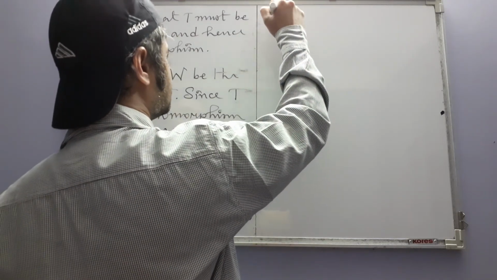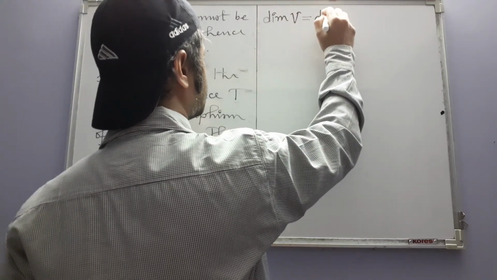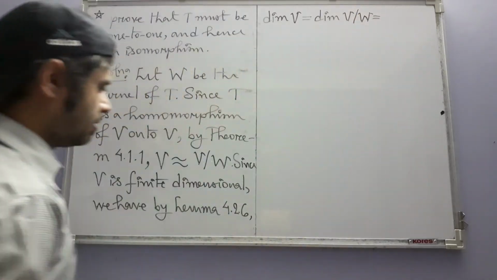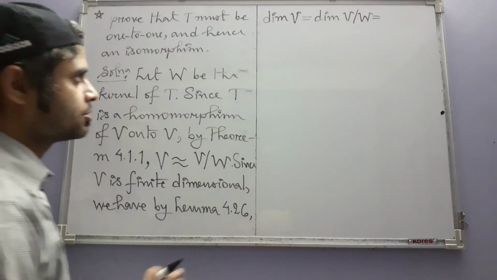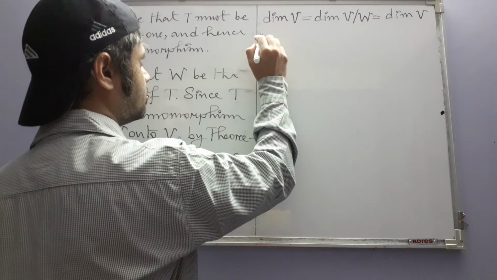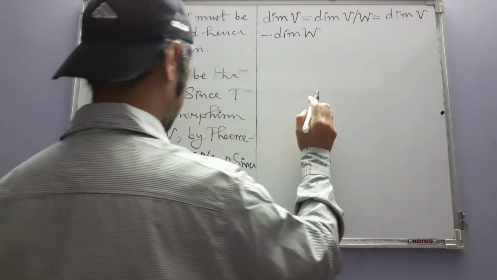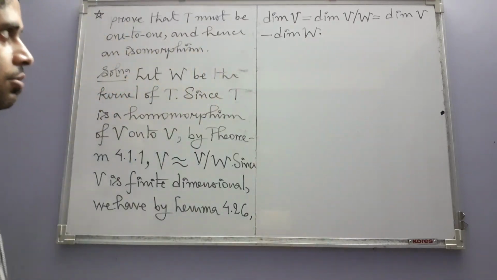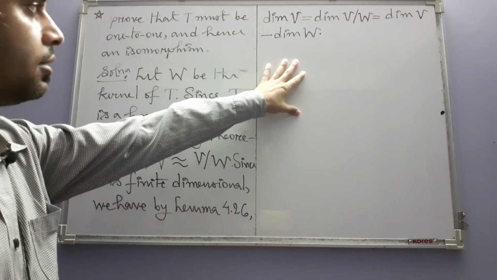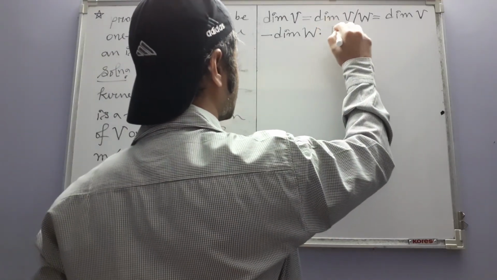So we get the dimension of V is equal to the dimension of V by W, but then we use lemma 4.6 and write this equal to the dimension of V minus the dimension of W. Now what do we have from this equation? The dimension of V equals the dimension of V minus the dimension of W, namely that the dimension of W should be equal to 0.